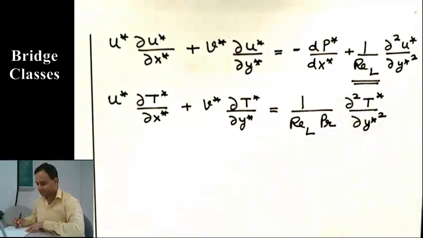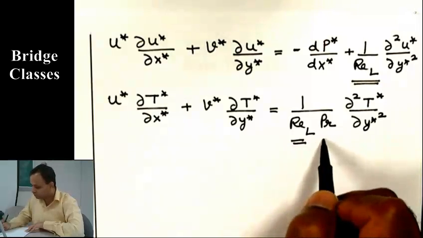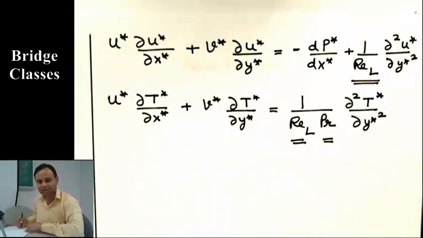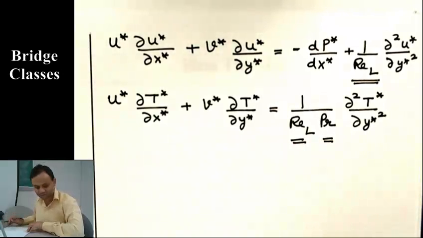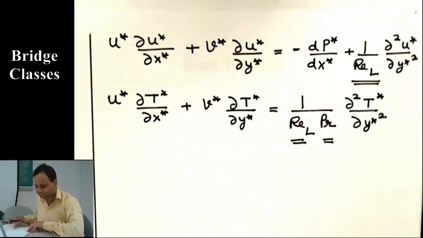Okay, we get this equation. So we got Reynolds number and Prandtl number automatically by non-dimensionalizing the governing equation, the boundary layer equation. We got these parameters.